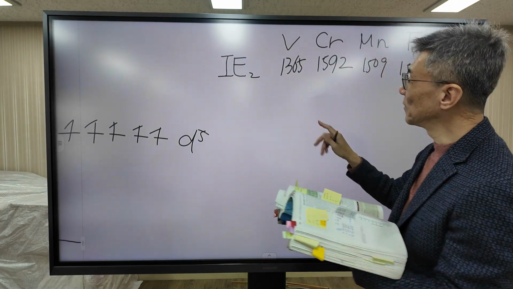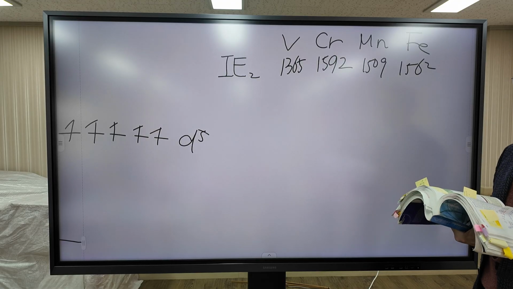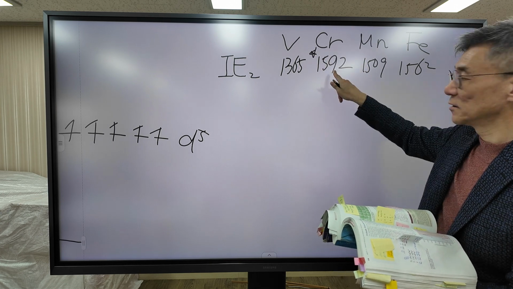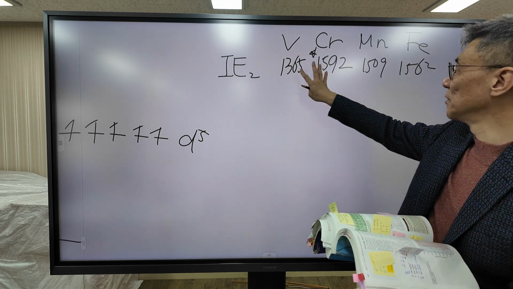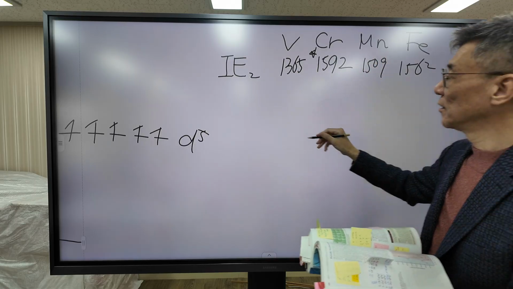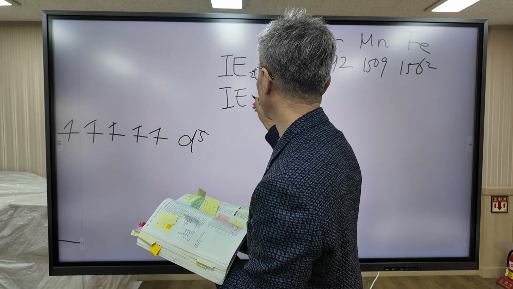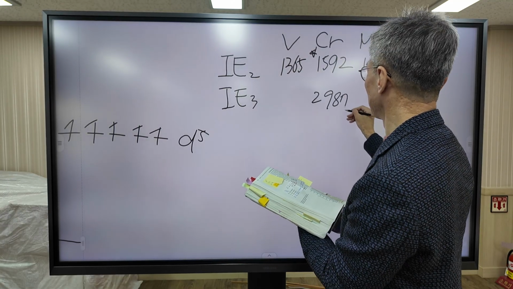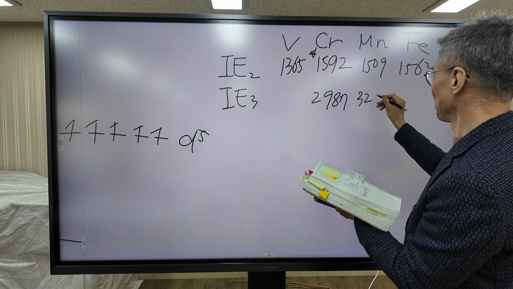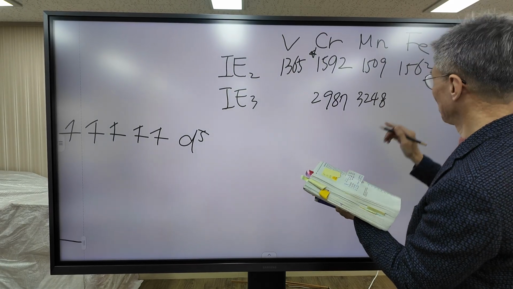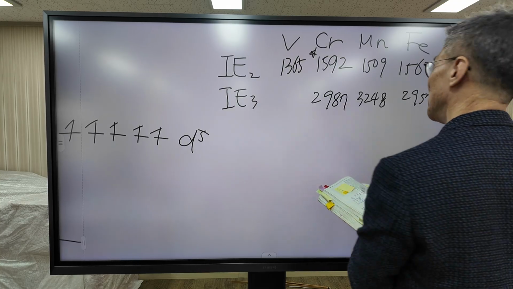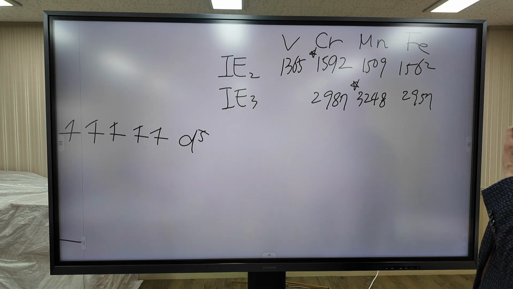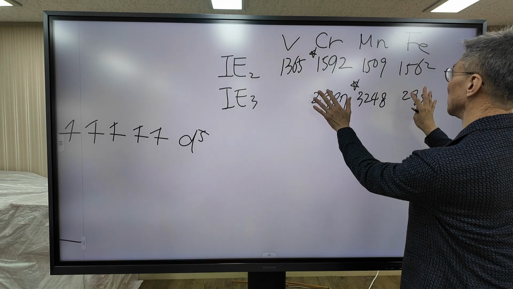As you can see in this graph, some elements stand out with an extremely large value. This one stands out, extremely large compared to vanadium or manganese. This is the third ionization energy. In the third ionization energy, this element stands out as an outlier, enormously large compared to chrome and iron.